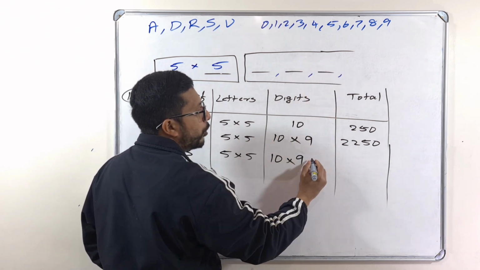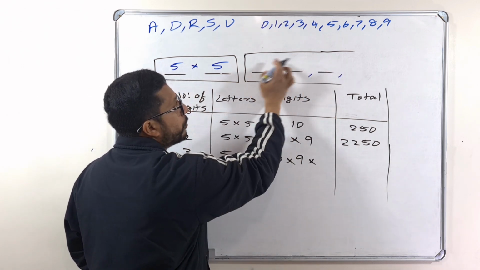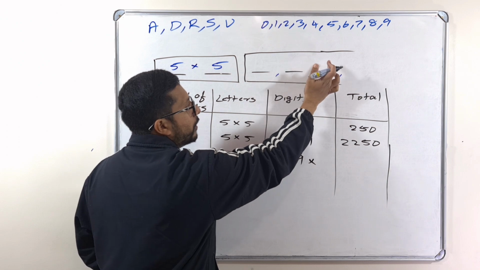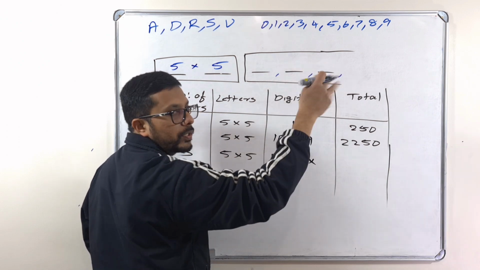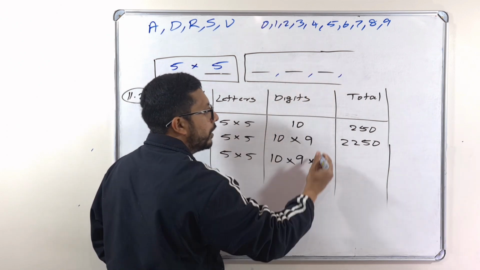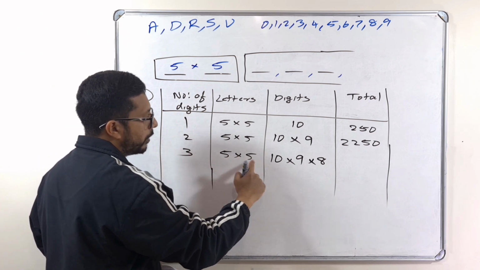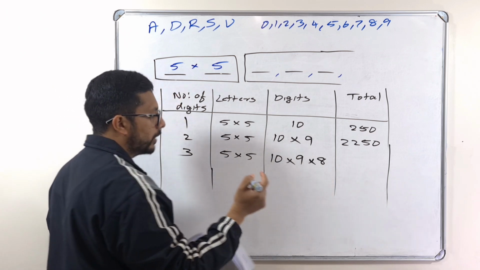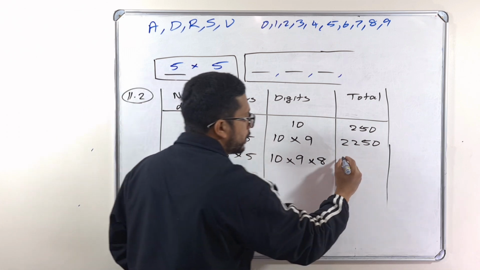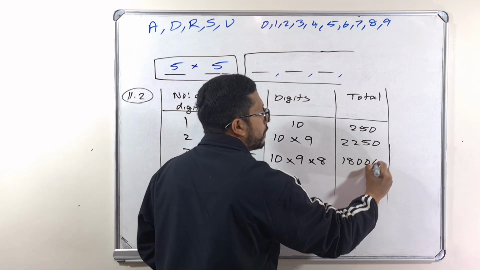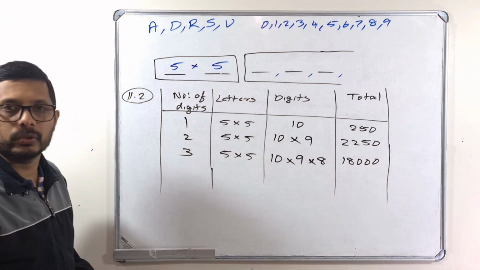For this position, we already used 2 numbers, so from 10, 2 are out, remaining only 8 options. Check in your calculator what is 5 times 5 times 10 times 9 times 8. You will get 18,000 different codes you can make.